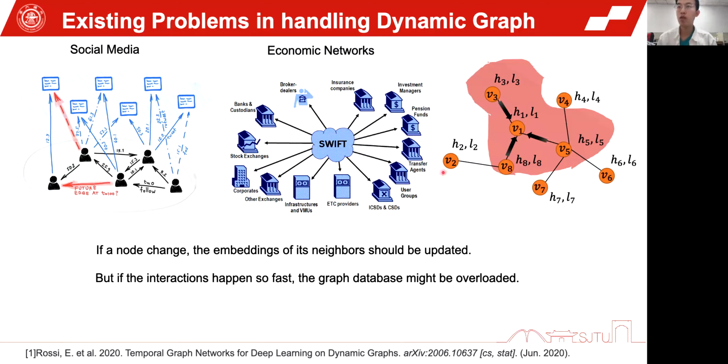We query them all, aggregate information, compute the neural networks, and we finally get the embedding of V1. But this process costs time and computing resources. So it might be a stress on the graph database.